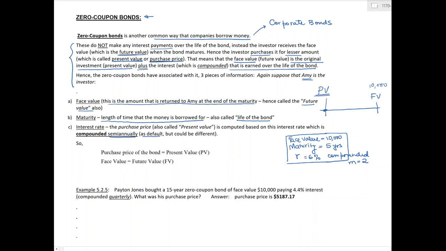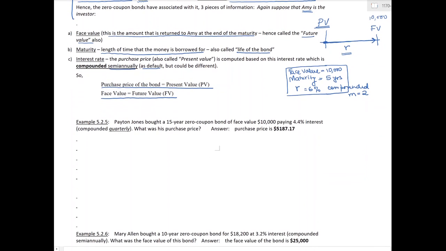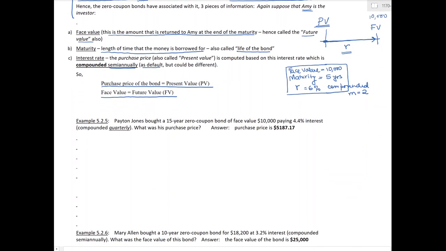So that amount becomes $10,000 when it earns interest, which is compounded at M equals 2. So the purchase price of the bond is the present value and the face value is the future value. So let's do an example and then it will be clear.